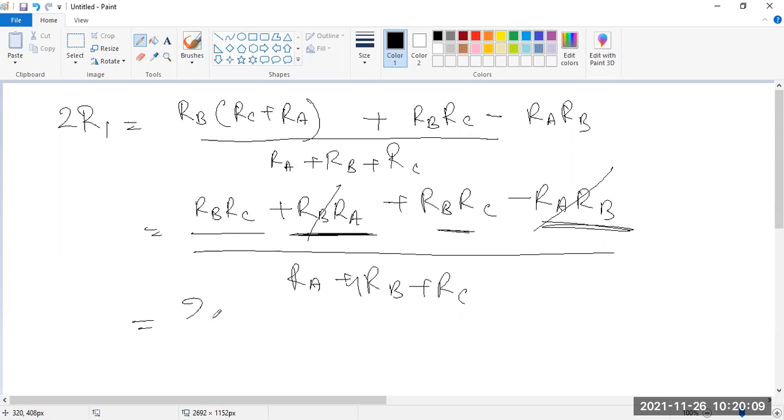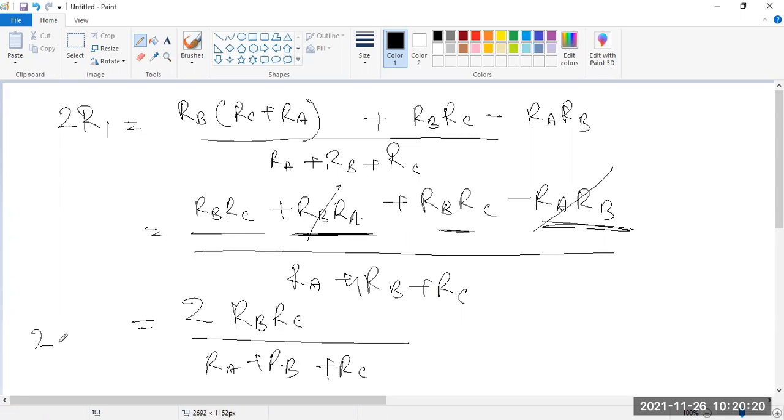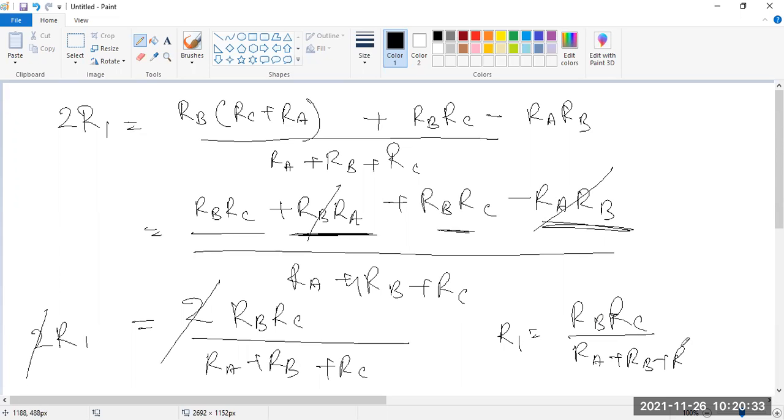So it will also come 2 RB RC equal to RA plus RB plus RC. Here is also 2R1, so we just cut it. We will get R1 equal to RB into RC divided by RA plus RB plus RC.